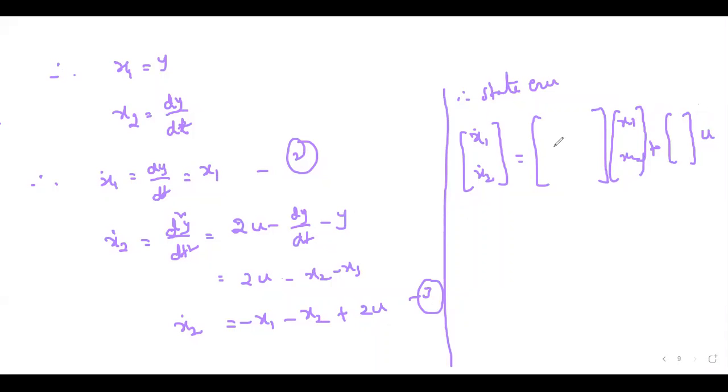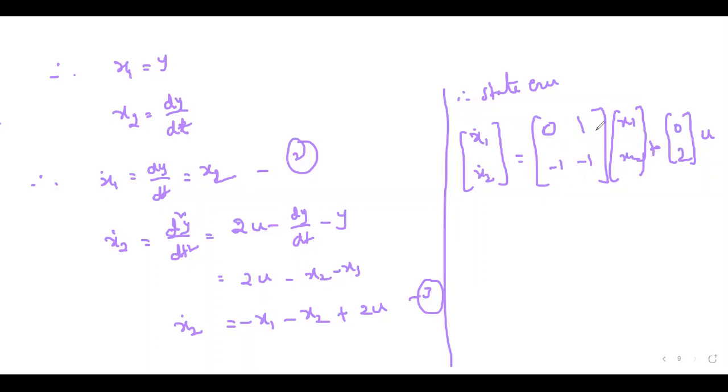What are the values here? First row is 0, 1. Second row is minus 1, minus 1. And the B matrix is 0, 2.